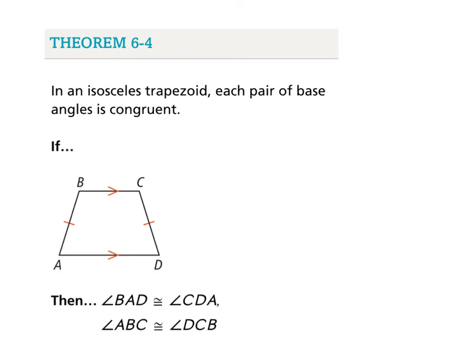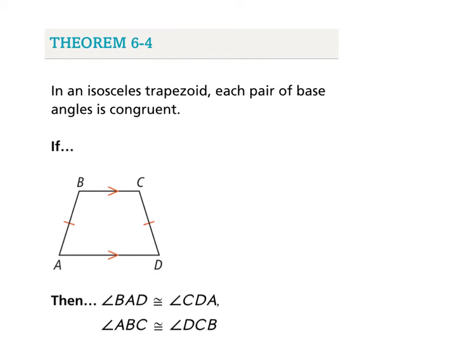And that idea takes us to the next theorem that we're going to want to be aware of. It says that in an isosceles trapezoid, each pair of base angles is congruent. So if we look at this trapezoid, we see that it's isosceles. It's a trapezoid because these two sides are parallel, and it's isosceles because these two legs are congruent. That would mean the two pairs of base angles will be congruent.